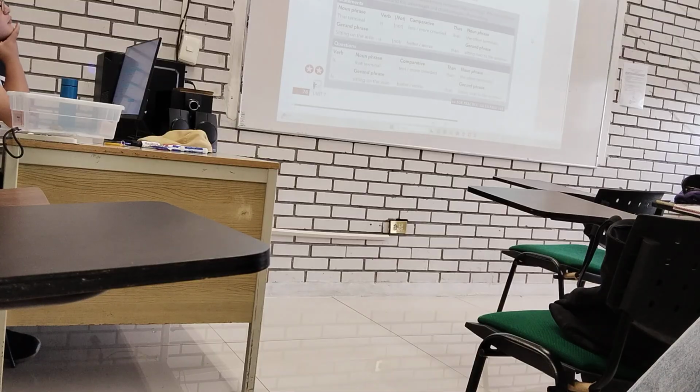The first type are the noun phrases, which are a group of words that act as a noun. For example, that terminal. Then we have inside the structure a verb, which could be is. We have an optional word if you want to make this an affirmation or a negative sentence. Then the comparative, less or more crowded.